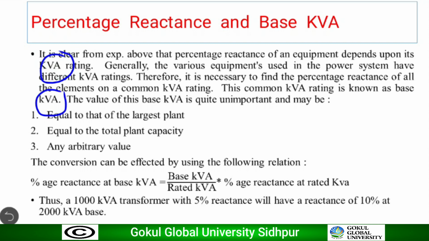Different elements have different kVA ratings, as we all know. So for calculating percentage reactance, we take a common kVA rating, and this is called the base kVA.